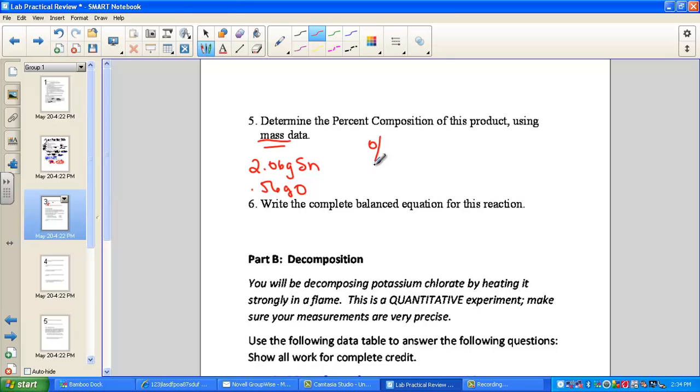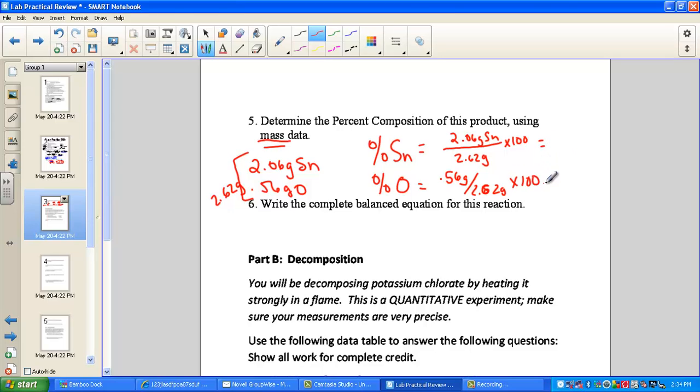To calculate the percent of tin, I want to know its contribution to the total mass. So the sum was 2.62 total grams, adding these two. So the percent by mass of tin is 2.06 over the total mass, expressed as a percentage. And if oxygen contributed 0.56 over the 2.62 grams, expressed as a percent, what did we find?